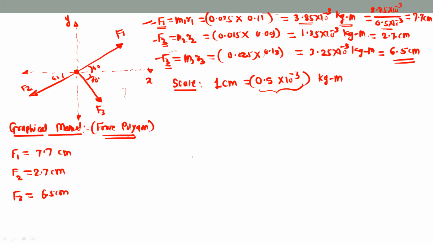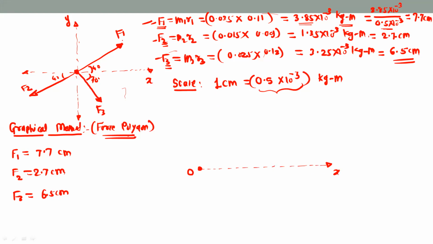Okay, so now for the polygon. So this is the starting point. So take this point as O. Draw the reference axis. So this is the x-axis.